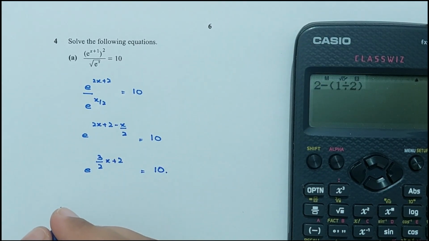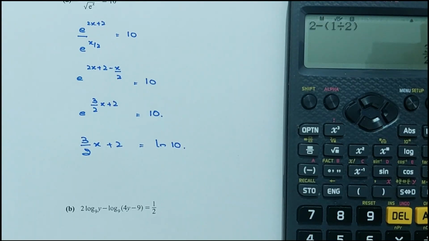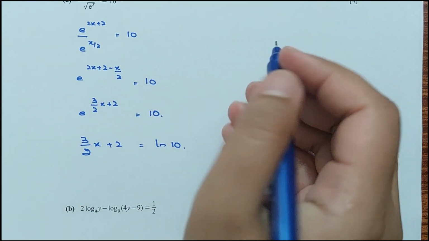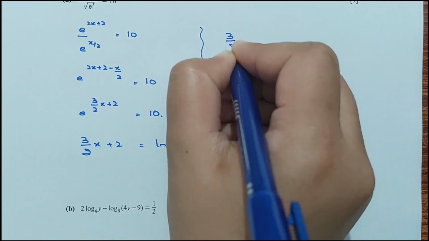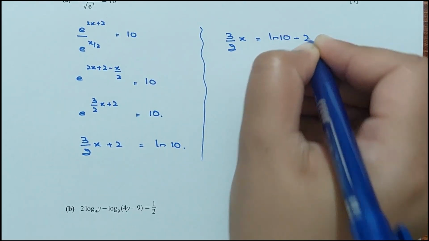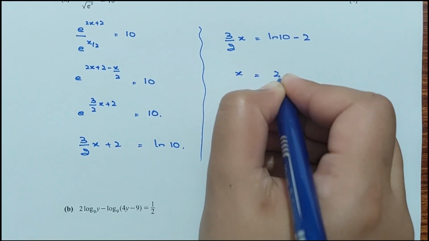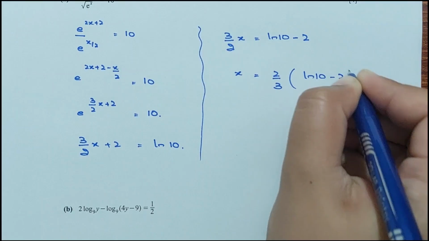To solve for x, we have to take the natural log on both sides. So we can say 3 by 2 x plus 2 equals natural log of 10, and we have to solve for x. From here, 3 by 2 x equals natural log of 10 take away 2, and x equals 2 by 3 times natural log of 10 minus 2.